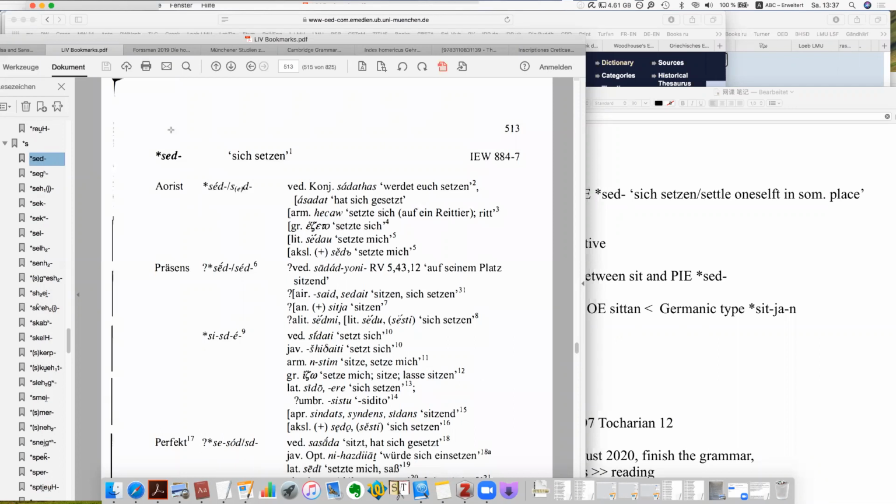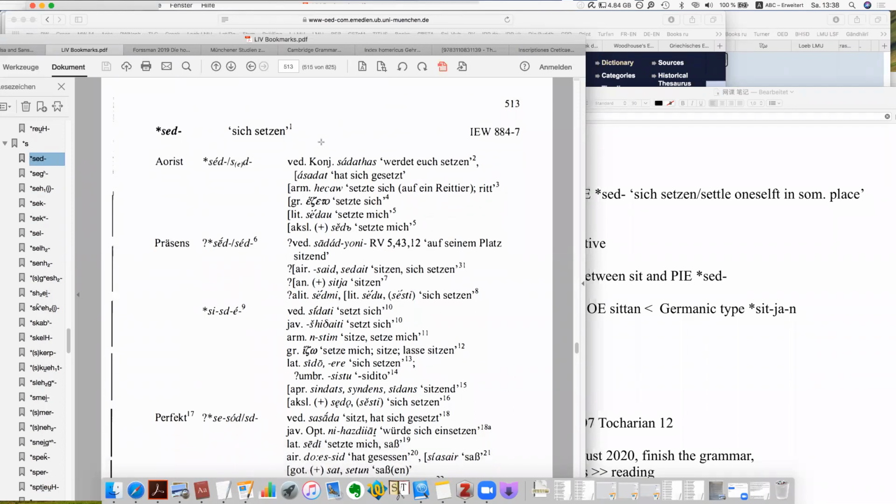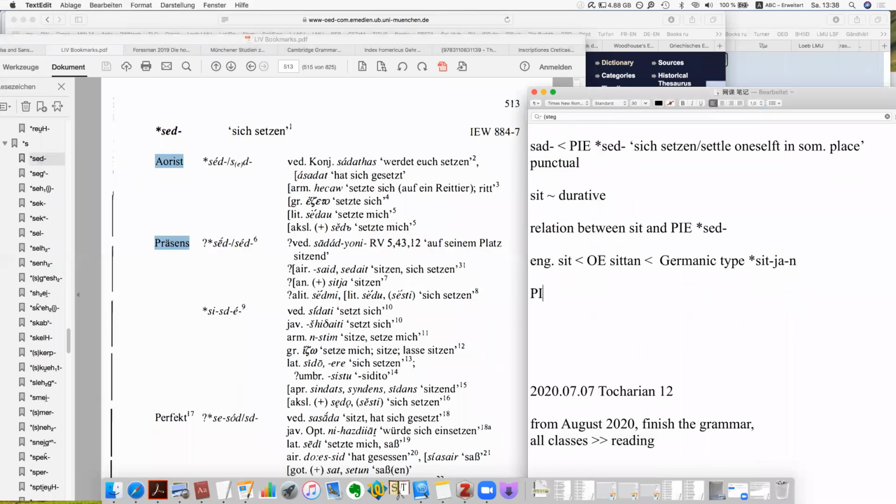Here, this is a root called set, but set does not mean sit. It means put yourself or settle yourself in some place. And this is the reason why we have a root aorist. So this root, PIE set, is punctual. It means settle oneself in some place, and therefore we have a root aorist.